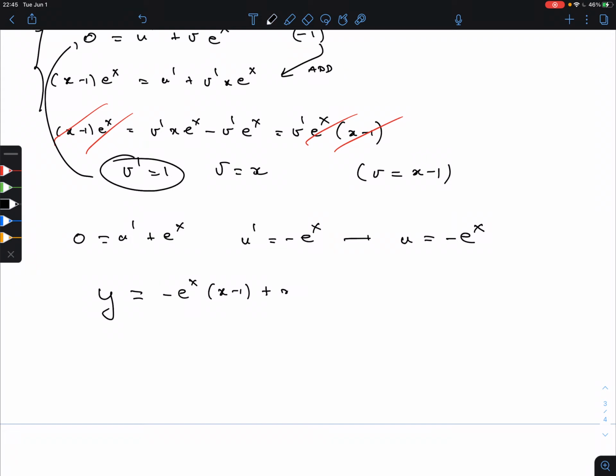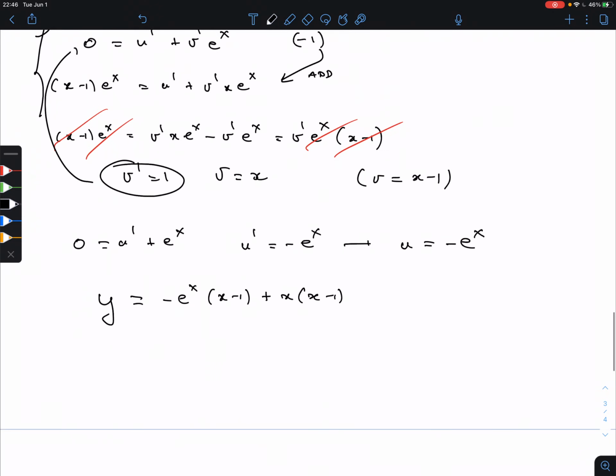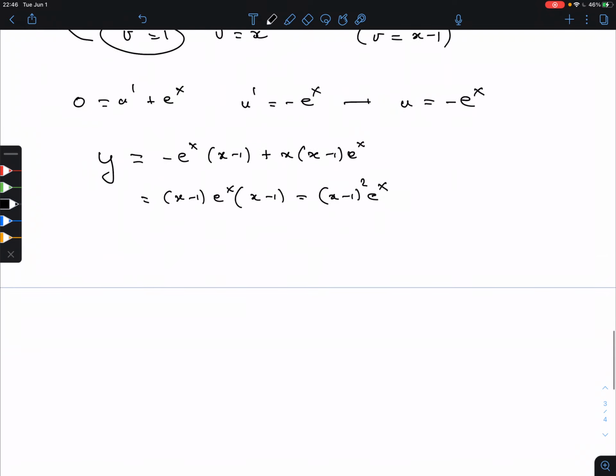So it's x times x minus 1 e^x. In fact, you can even combine this, right? We can factor out an x minus 1 e^x, and what I'm left with is x minus 1. So this whole thing is x minus 1 squared e^x. If you didn't see that, that's not a big deal. It will follow anyway once we do our general solution.